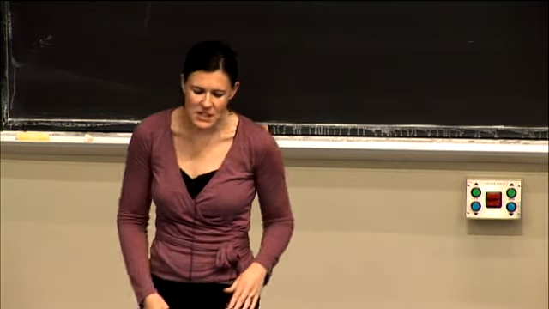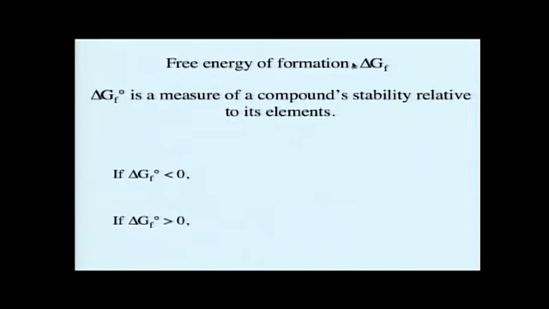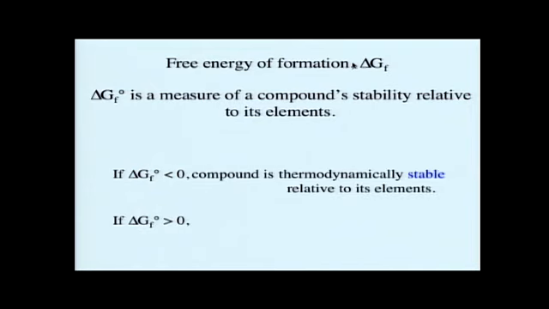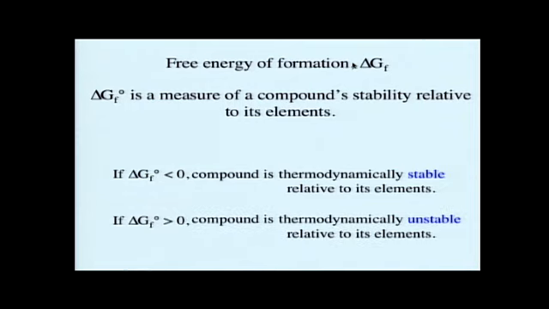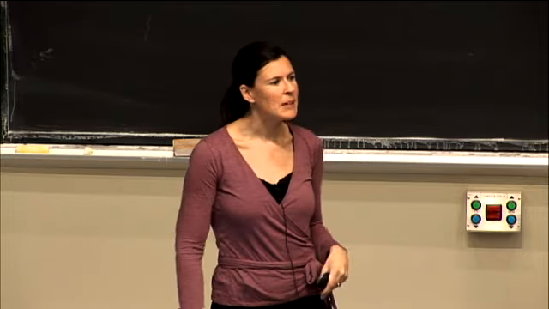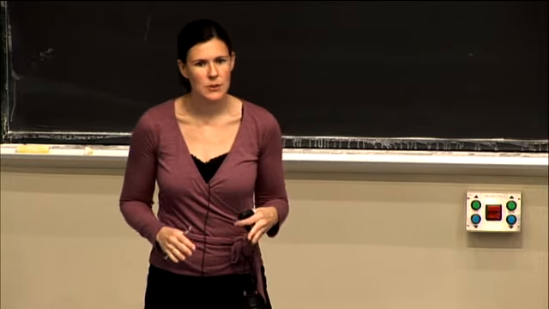All right, so let's finish up first with free energy of formation. So as 85% of you just told me, when we have a case where delta G of formation is less than 0, what we're talking about here is a compound that is thermodynamically stable relative to its elements. So that means we know the inverse as well, which is when we're talking about a case where delta G is now greater than 0, the compound is going to be thermodynamically unstable relative to its elements.